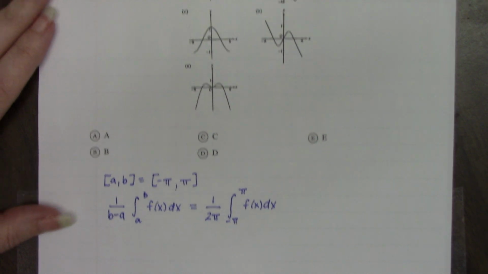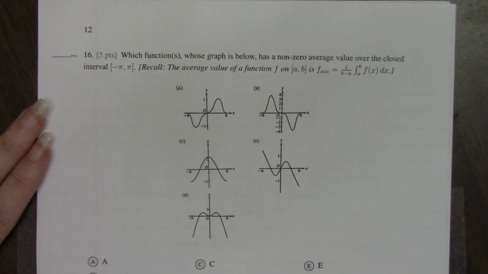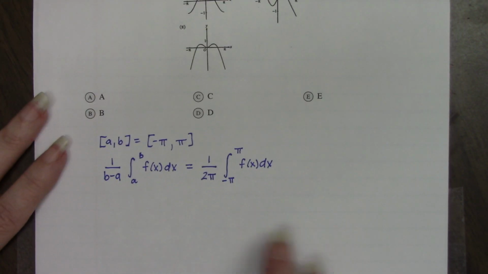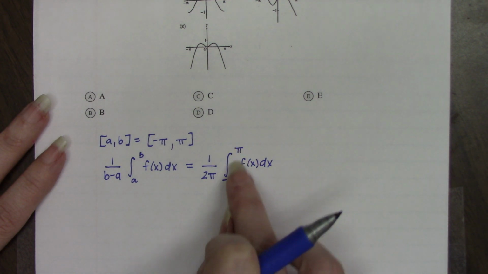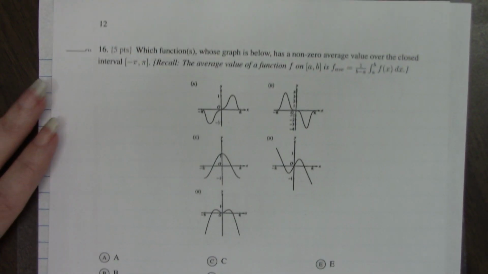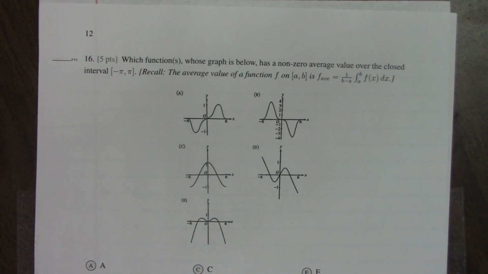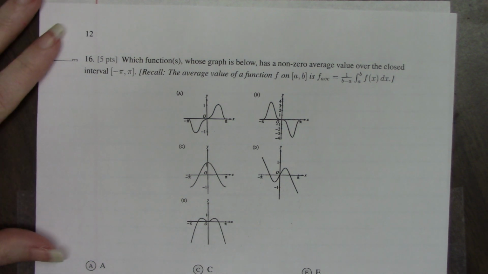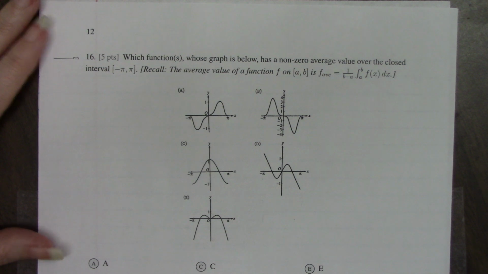So in order to do that efficiently, when the bounds of a definite integral are the same number, so like negative pi to pi, so negative a to a, there's actually a property in math that will help us do this. And so the property is the following.